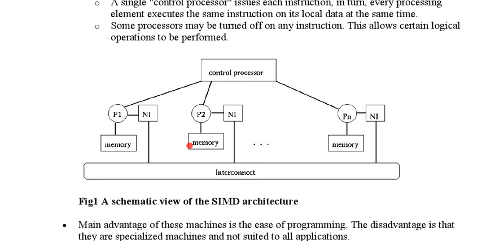Why am I saying this? Just listen carefully again. What is the purpose of this control processor? The control processor will route the instructions to different processing elements. Now, which instructions will be routed to different processing elements? The instructions which can take the advantage of instruction level parallelism.